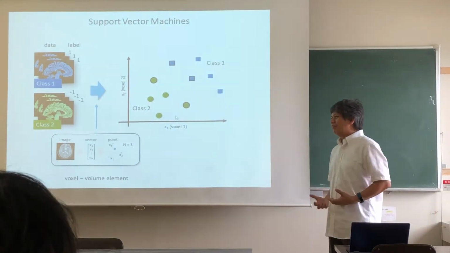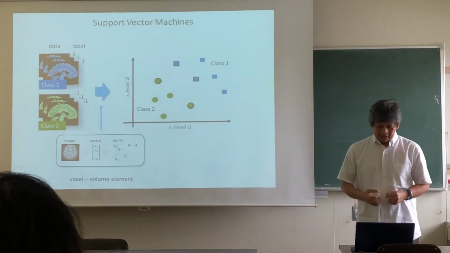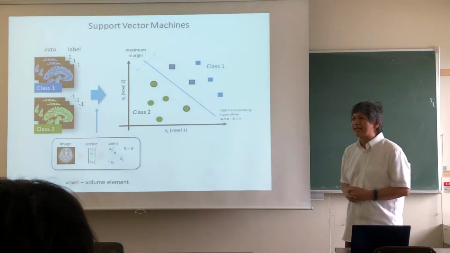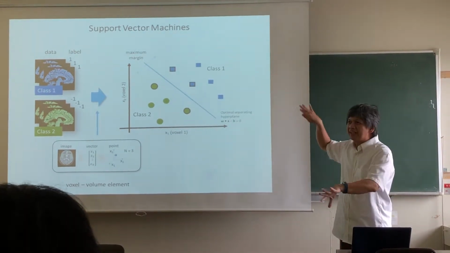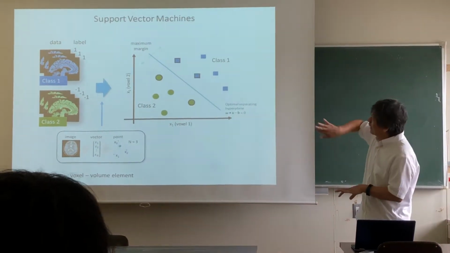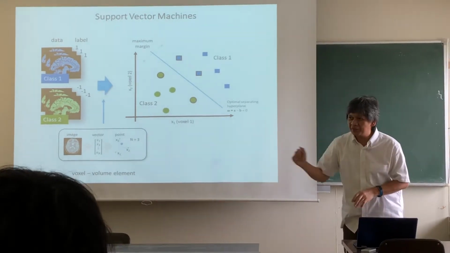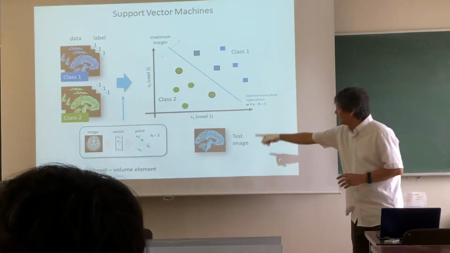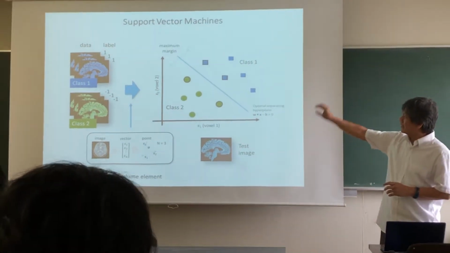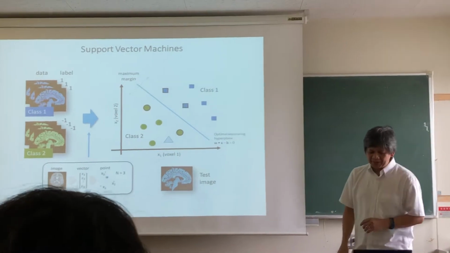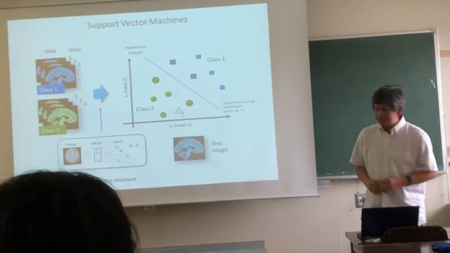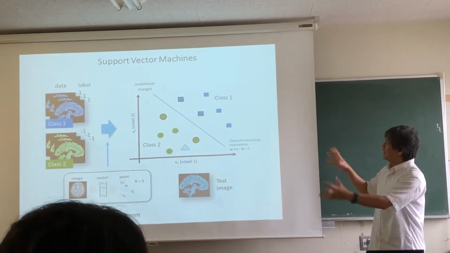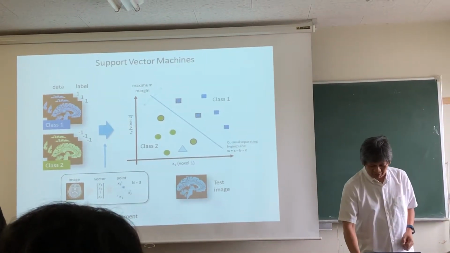And then the goal of support vector machines, as you may have known, is to find this separating hyperplane such that it will separate the two classes, one on that side and the other on the lower side. Such that if we have a new image now, given by this one, then we can project that image into the plane and see, for example, if it is located here, then we can say that that image belongs to class 2. So that is the general idea of support vector machine.